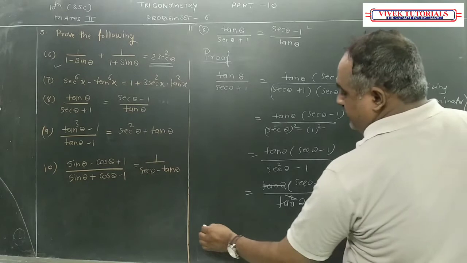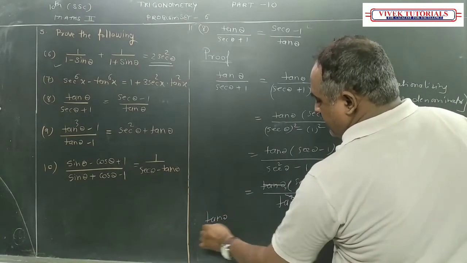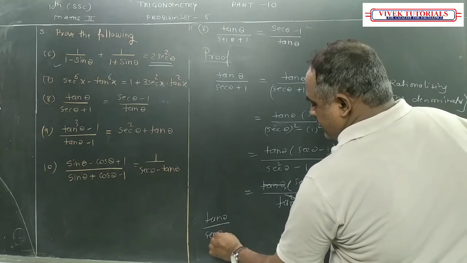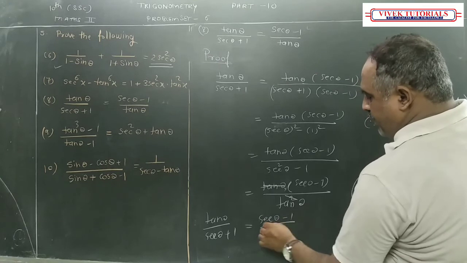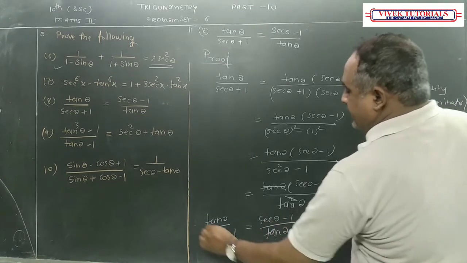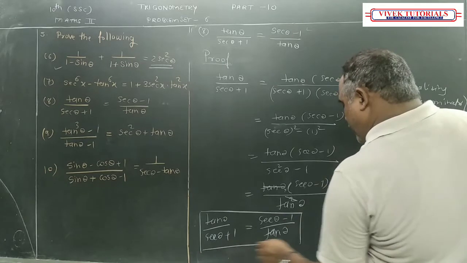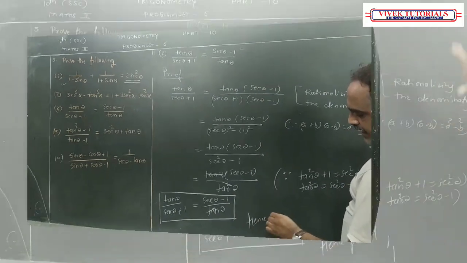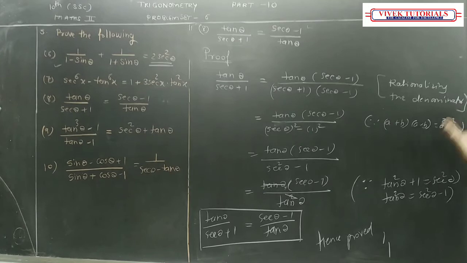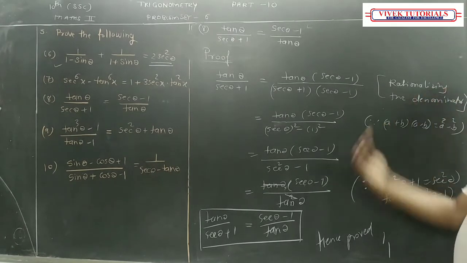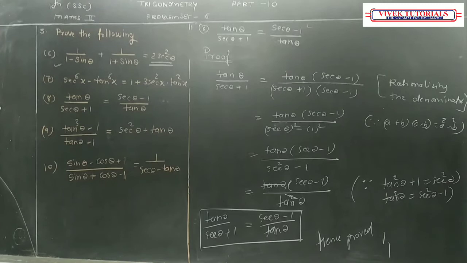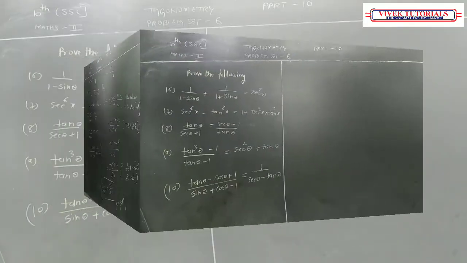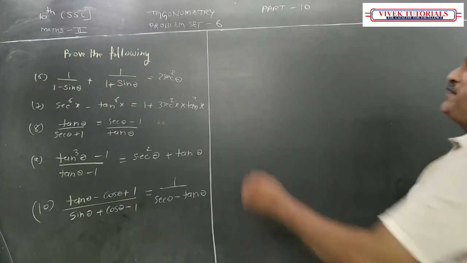And what I'll get: tan theta upon sec theta plus 1 is equal to sec theta minus 1 upon tan theta. That we are going to put in a box and write hence proved. If you have not understood it, revise once again. Consider these formulas and the reasons I have given; this type of question needs a little practice. Copy it properly.